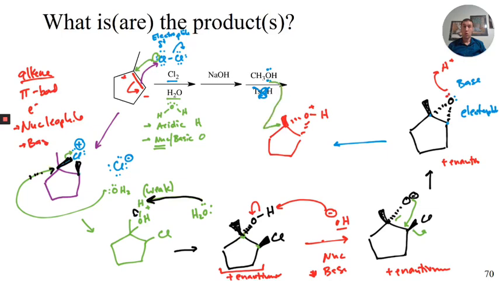Backside attack, it's going to attack the most substituted side because we have that very good leaving group with our alcohol. And we would get, whoops, as I started to draw too many carbons, the OH connected out there. The CH3OH had to come in from the backside, which means it's going to have to become wedged. OCH3. There's the methyl.